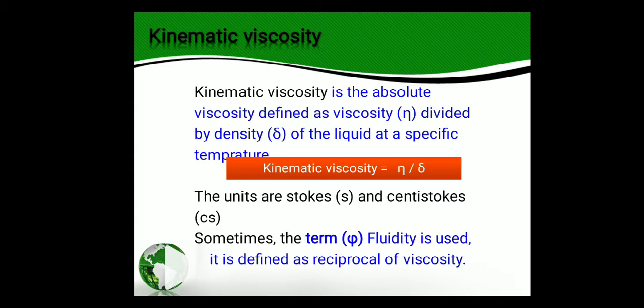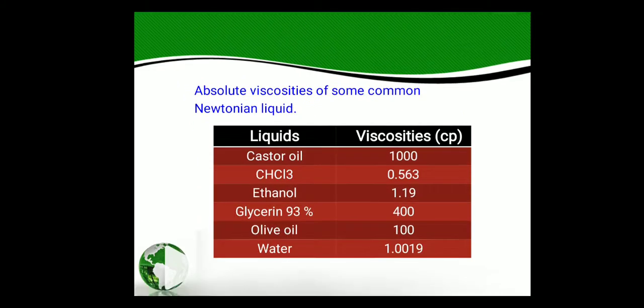The formula is eta divided by rho, means viscosity divided by density, and the unit of absolute viscosity or kinematic viscosity is Stokes and centi-Stokes. Sometimes the term fluidity is used as the opposite of viscosity, which is defined as the reciprocal of viscosity.